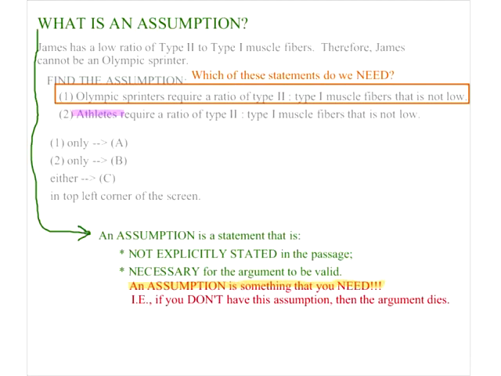Now, this would be an excellent answer to a strengthen question, which we'll talk about in a second, but that's not what we're doing right now. So, this is too broad. You don't need this to be true for all athletes, just Olympic sprinters.